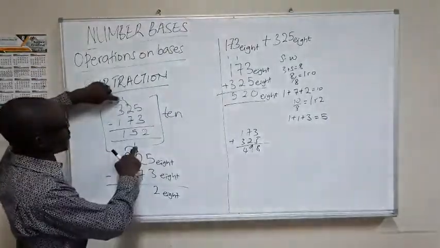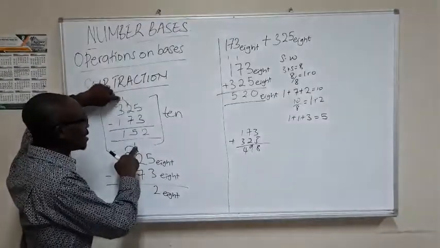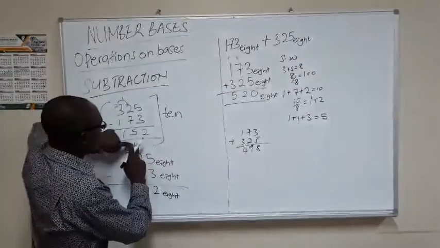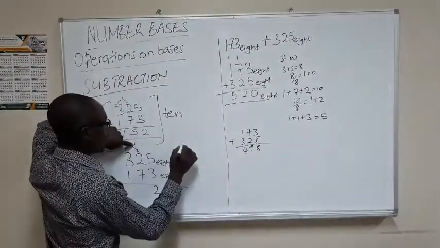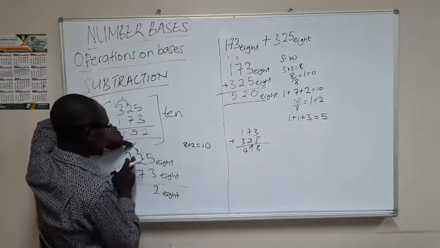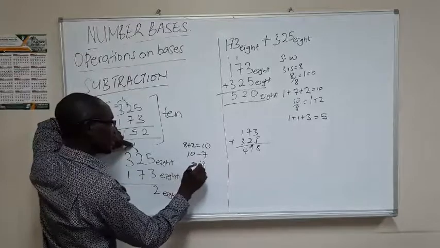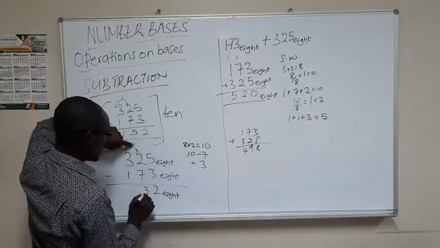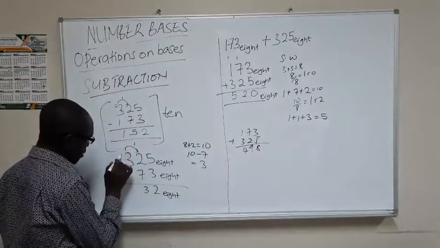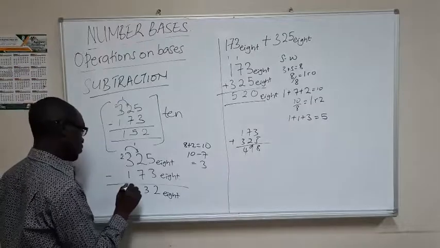Because even before, the 1 was standing for 10, to get 10 plus 2, 12. Now since we're in base 8, this 1 is standing for 8. It's going to be 8 plus 2, getting 10. Now 10 minus 7 gives us 3. Here we get 3. Since here we removed a 1, we remained with a 2. 2 minus 1, we get 1.